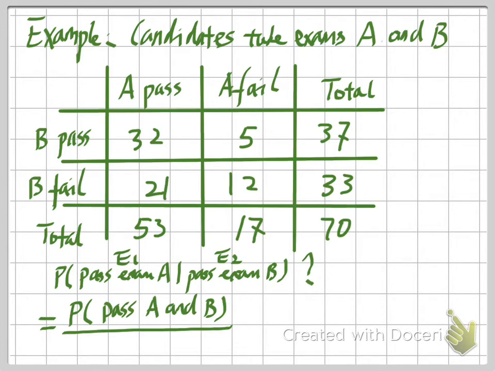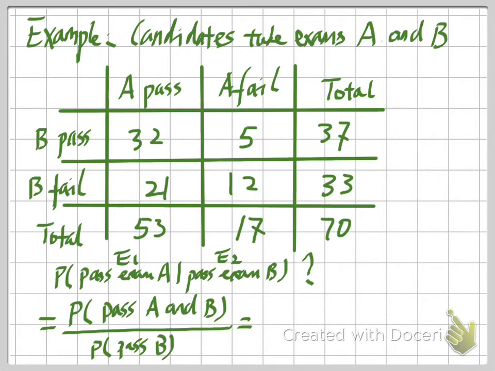And then the denominator should be our given information, the candidates who pass exam B, so this is the probability of passing B. That is what we have from the formula.